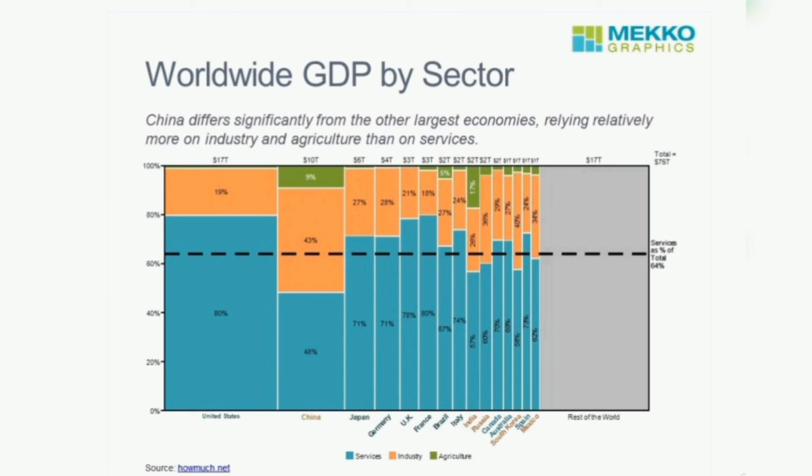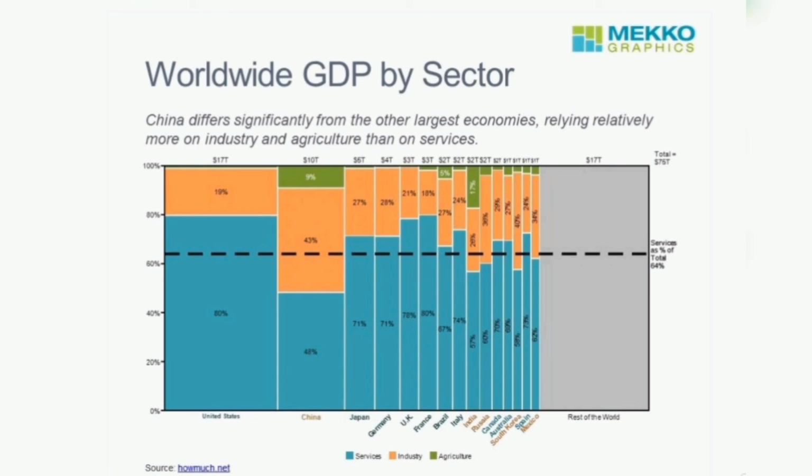And I haven't read it, but you can guess that in the future more and more of the world economy will be based upon the services sector, as we progress in technology and in industry.